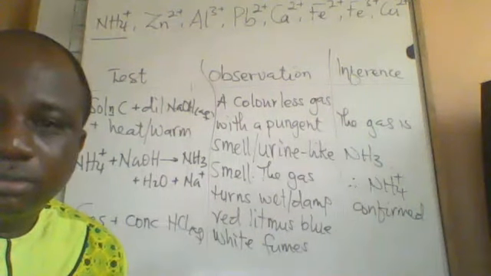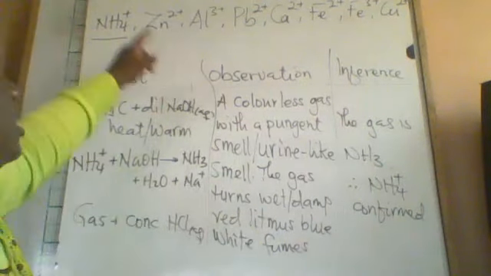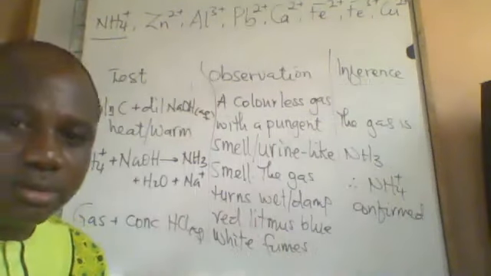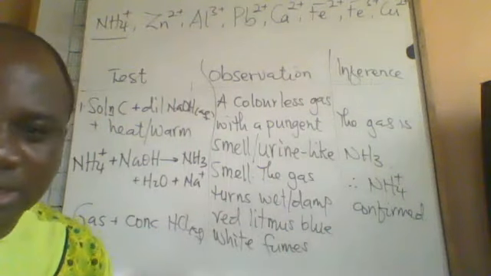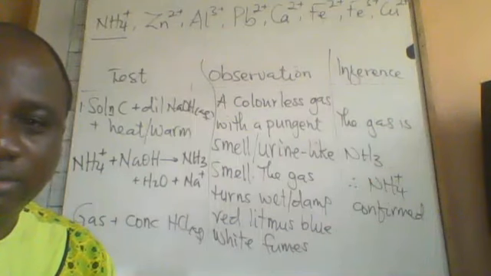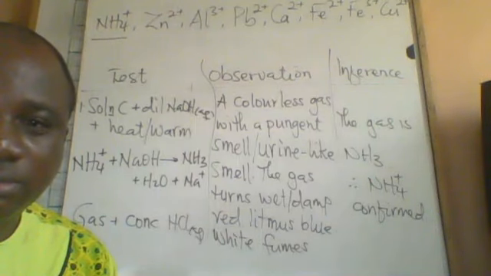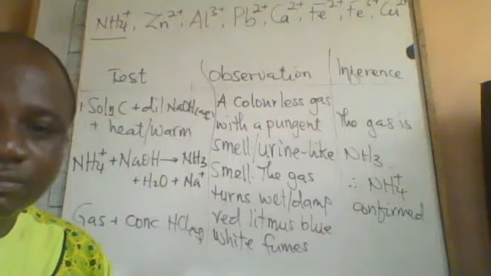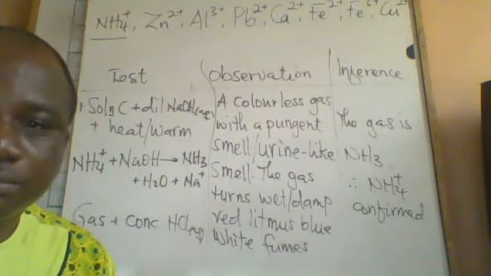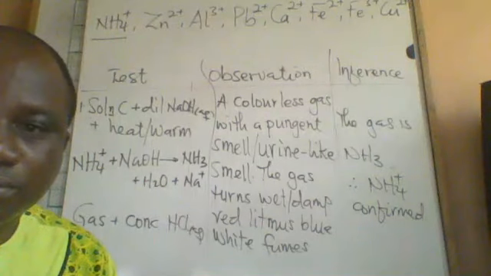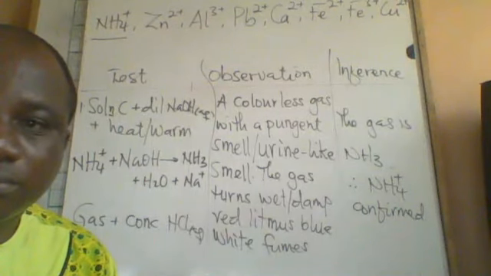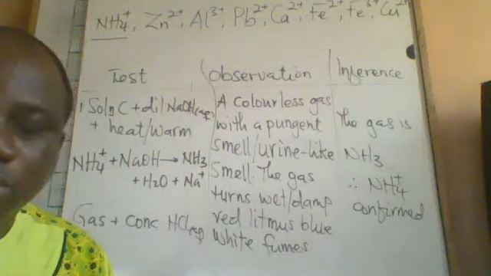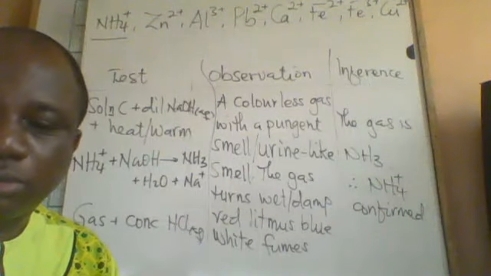All the rest will never produce ammonia gas when sodium hydroxide is added. So if I perform an experiment and see ammonia gas, I should know that it's an ammonium compound. Yes.